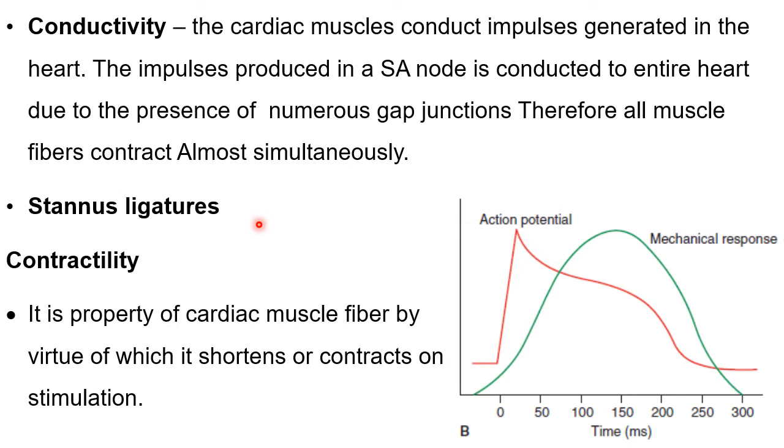It was found that the heart stops beating for a brief period, then it starts beating again. Now, this beating again of the heart is due to presence of the junctional tissue, which generates its own impulse.